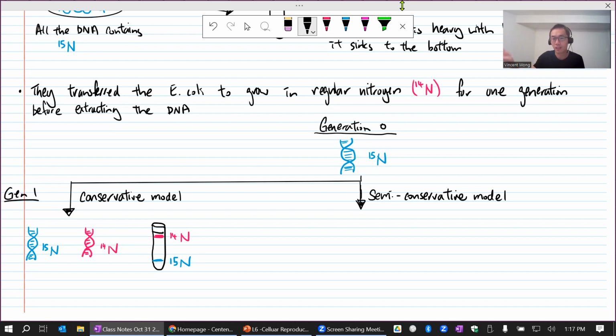So we transfer the E. coli to a new medium that only has nitrogen 14. And so we will have half being original material, the blue stuff, and then the other half is going to be the new stuff. I'm not gonna draw the lines because it might be confusing.